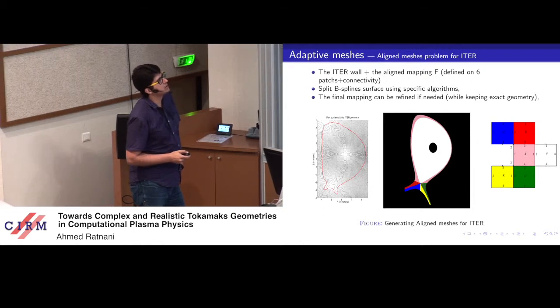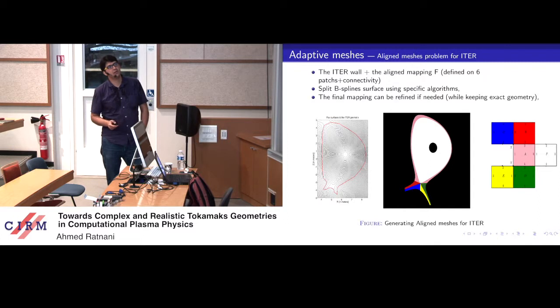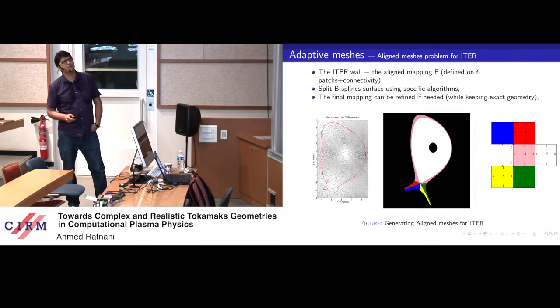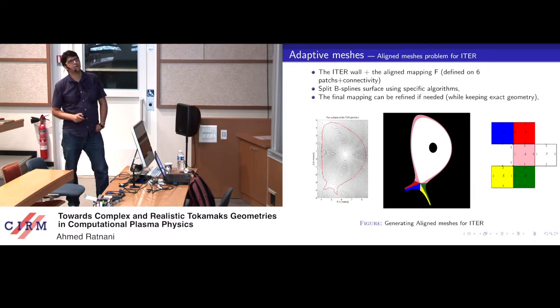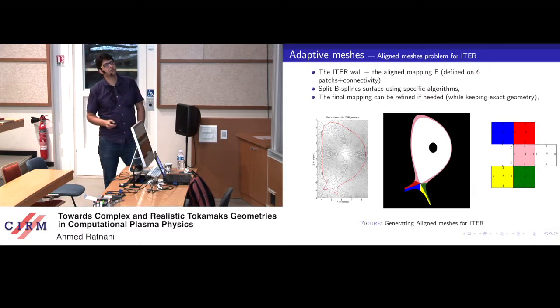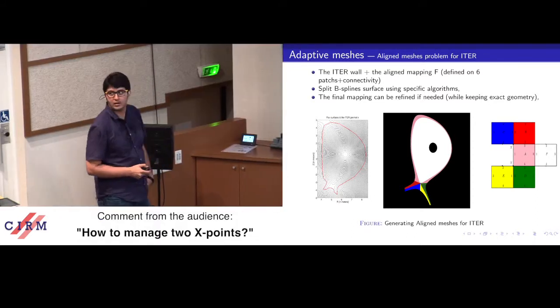Okay, so this is the first patch, which corresponds to closed magnetic surfaces, and then you have this pink one. The 2 patches have the same edge here, and the edge is just this curve. And then you have the red patch and the green one, and you see that this point here is the same as here, and it corresponds to the X point.